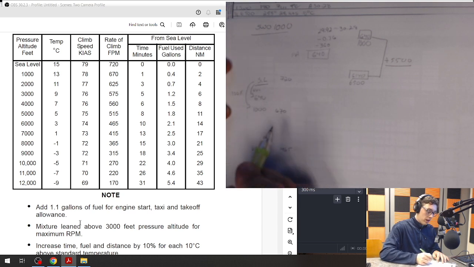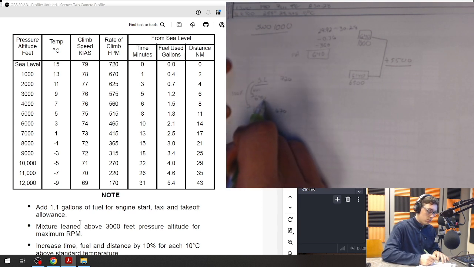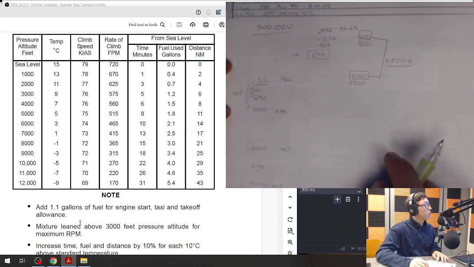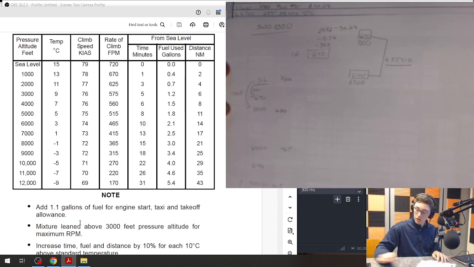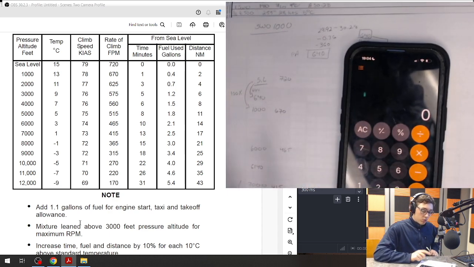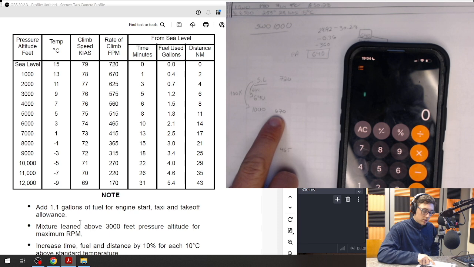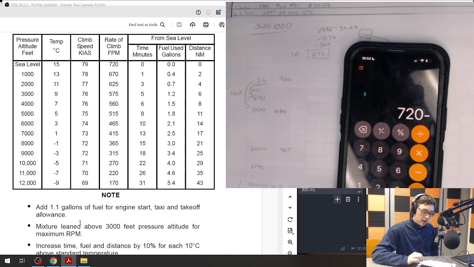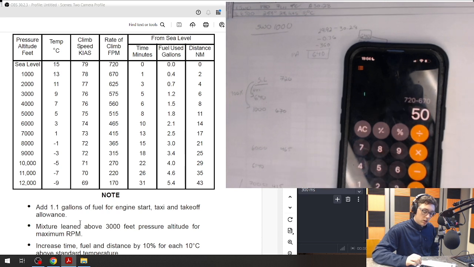I basically just take my decimal, move it over one, and I find my specific percentage that I'll be increasing or finding a difference of. Let's bring my calculator in here. What is the difference between 720 and 670? That difference will be 50. So 720 minus 670, that's a difference of 50.